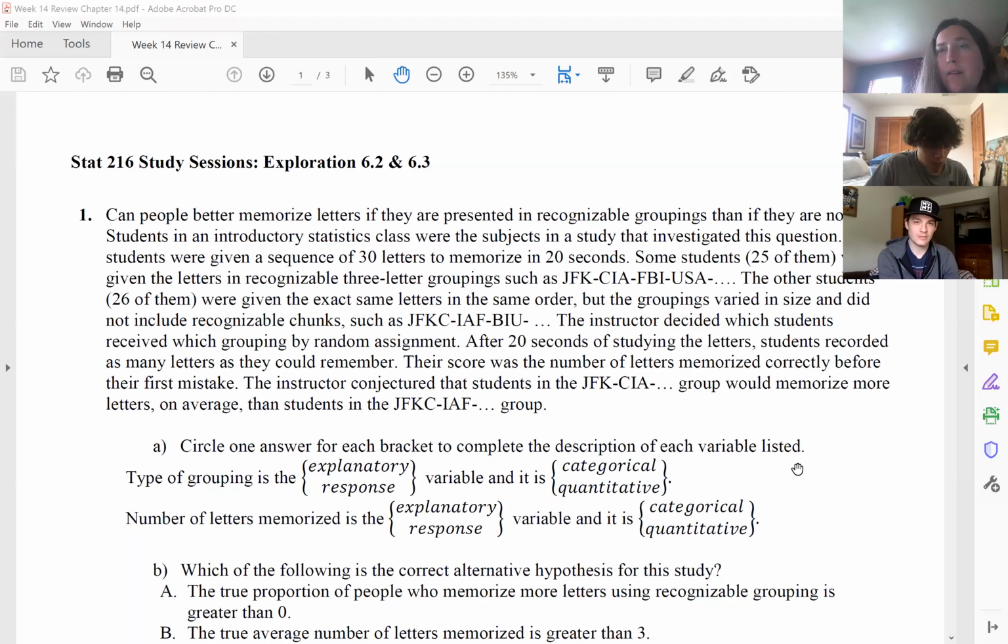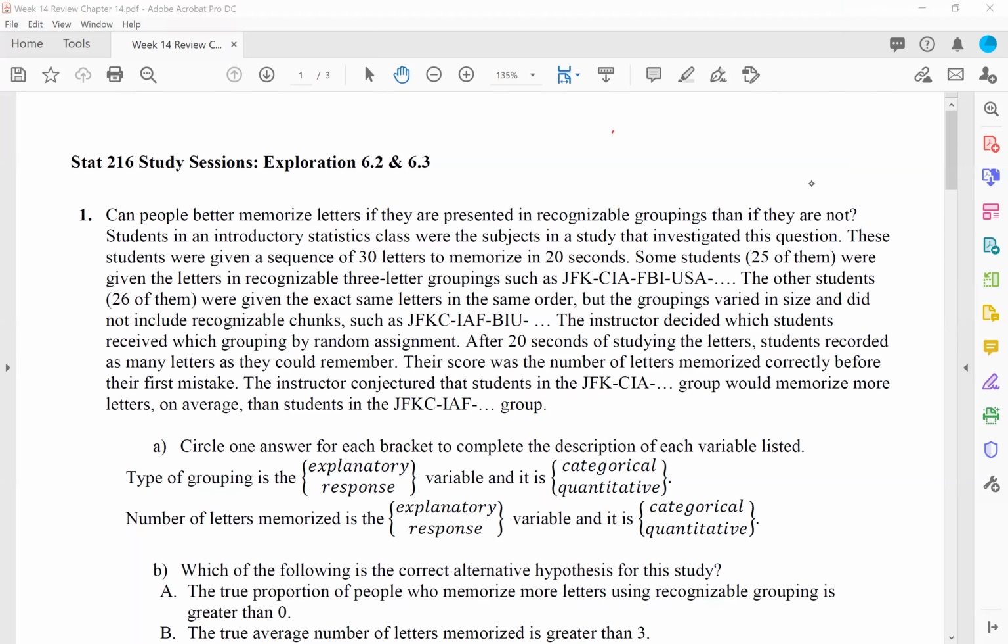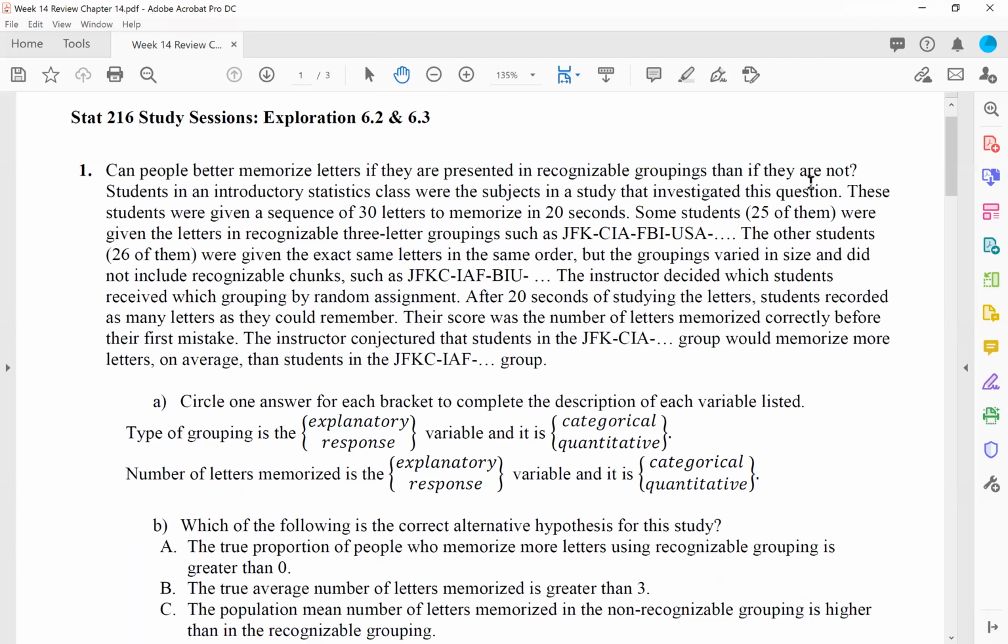All right, so we got our sheet here covering these explorations. We're looking at memorizing letters. Can people better memorize letters if they are presented in a recognizable grouping?